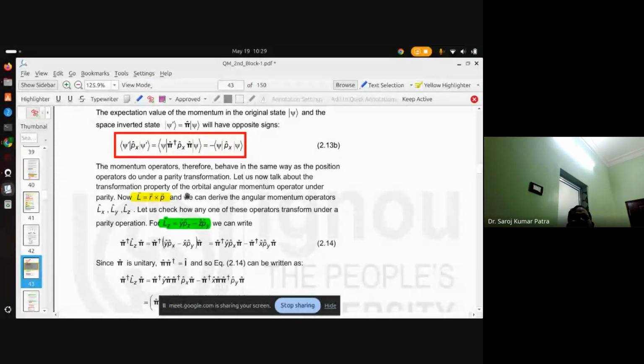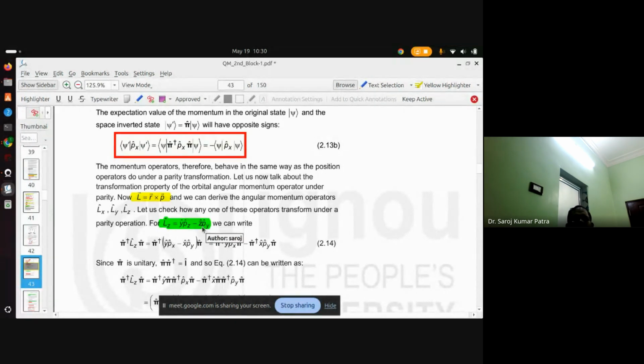Okay. But अगर हम पैरिटी ऑपरेट कर रहे हैं, तो क्या होता है, x becomes minus x, y becomes minus y, z becomes minus z, px becomes minus px, py becomes minus py, pz becomes minus pz. तो यहाँ पे क्या होगा, अगर इसके ऊपर पैरिटी ऑपरेट किया तो y will become minus y, pz will become minus pz, so minus or minus will become plus, right?